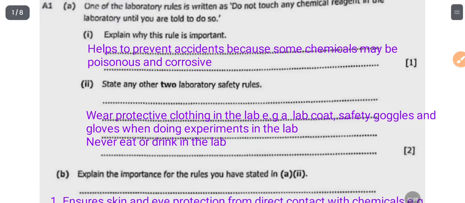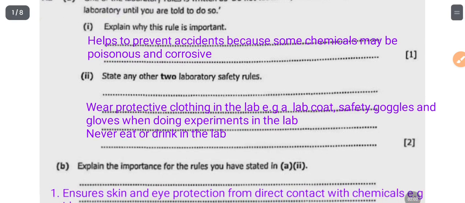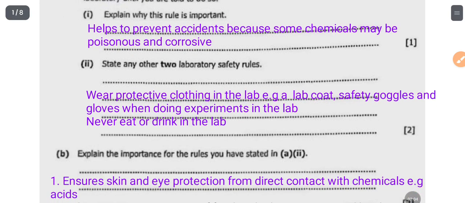Okay. B. Explain the importance of the rules you stated in A2. For the first rule, it ensures that there is protection of the skin and the eye from direct contact with chemicals, e.g. acids.